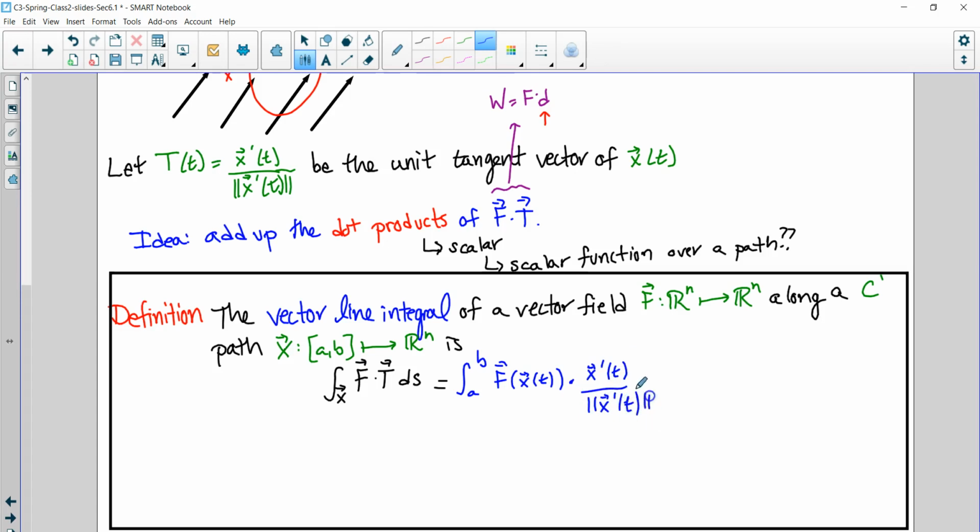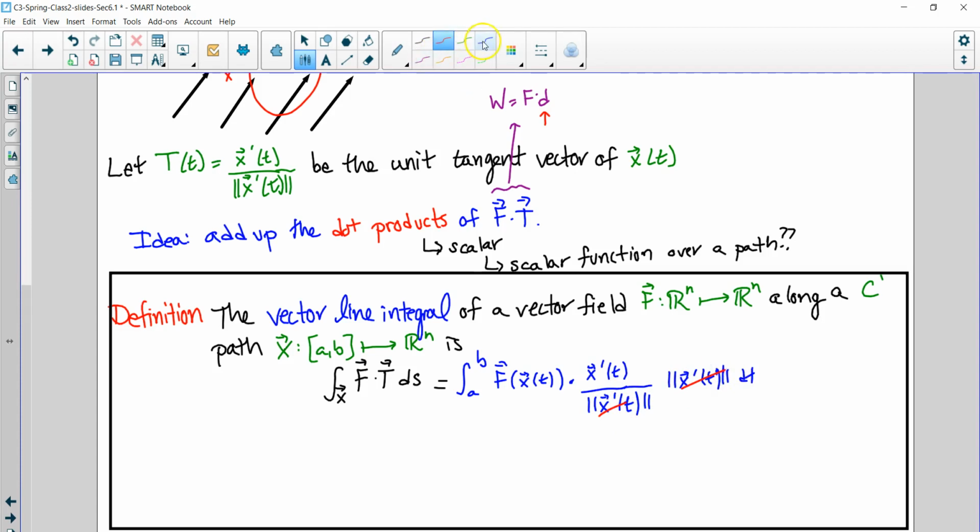And then I remember that I also have the speed hanging out here at the end, dt, and well, the speeds end up canceling out.